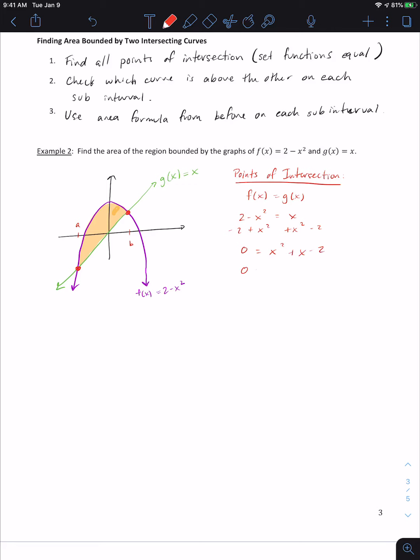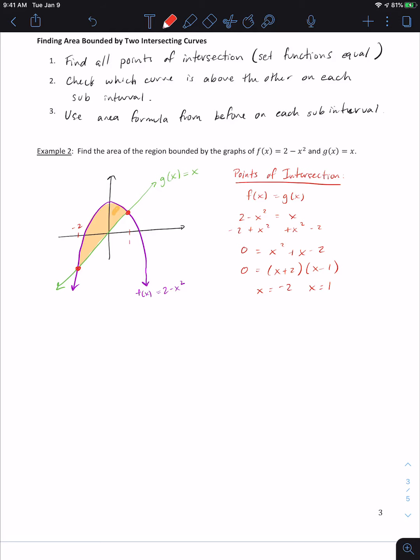Now this is a quadratic that I need to factor. Two numbers that multiply to negative 2 but add to positive 1. How about x plus 2, x minus 1? So I have x equals negative 2 and x equals 1. So this a value here is negative 2, and this b value here is positive 1.